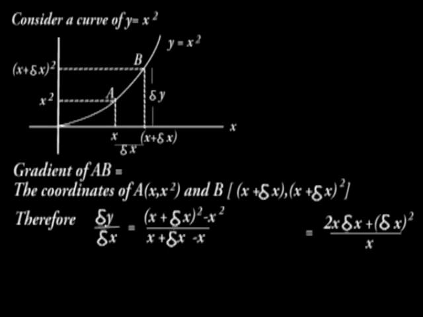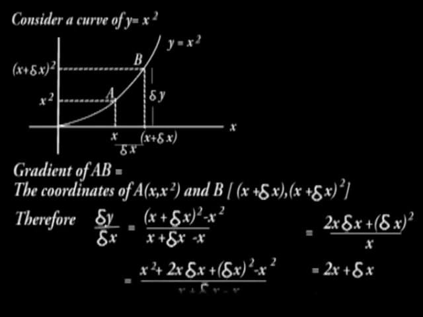Delta y over delta x will give us 2x plus delta x. As B moves closer to A, delta x approaches 0 and can now be ignored. Hence, the gradient function of y is equal to x squared is 2x.